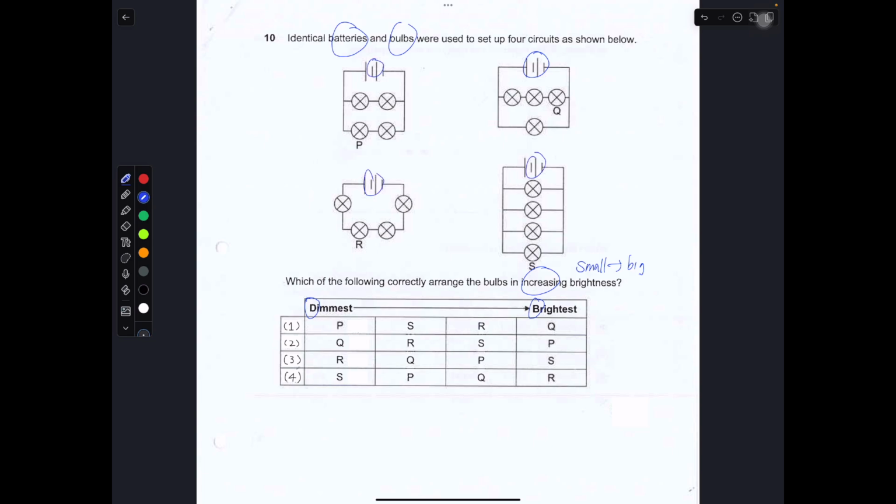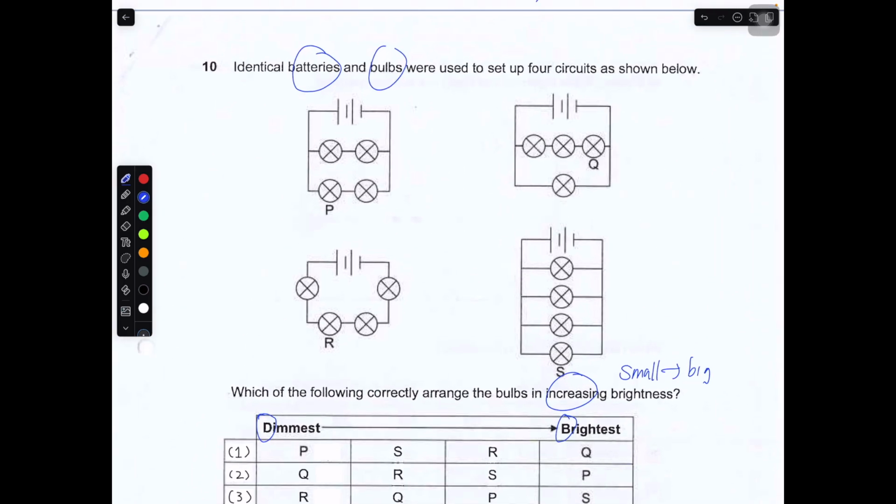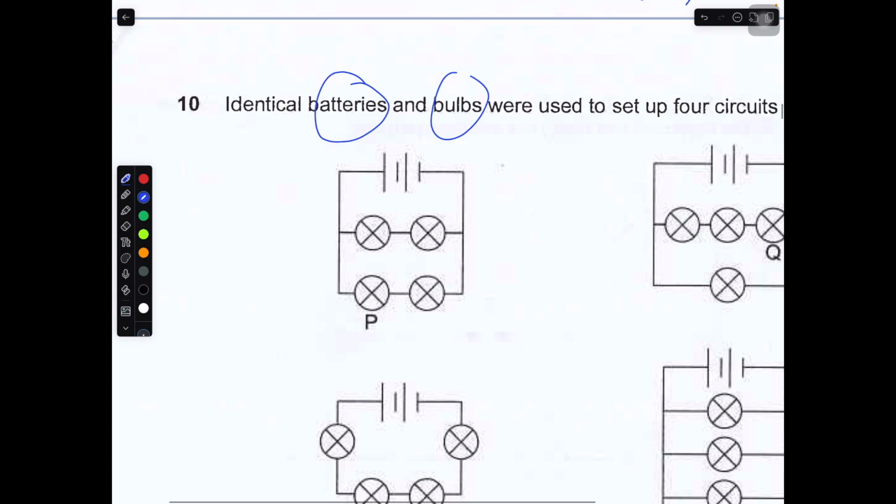So the amount of electricity flowing through the circuit should be the same, but it is not the same for each part because they are arranged very differently. So this is one way that you can do it very mathematically. Let's zoom in on one. If you take a look at where part P is, electricity will flow through this way. Each battery is 2 units, and 2 batteries will total 4 units of power.